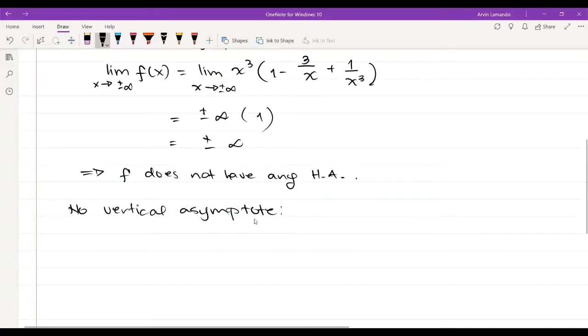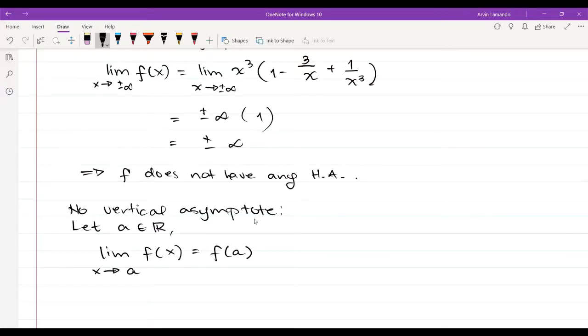To show that no such vertical asymptote exists, let's take an arbitrary real number a and compute the limit of f of x as x approaches a. However, f is a polynomial, and we know that polynomials are continuous everywhere. Therefore, this is just equal to f of a.